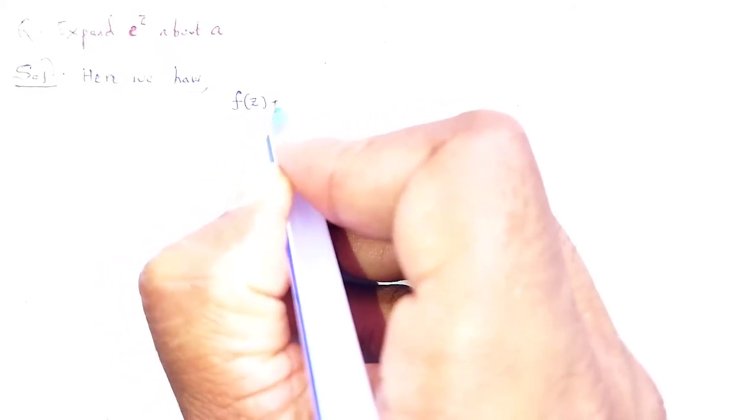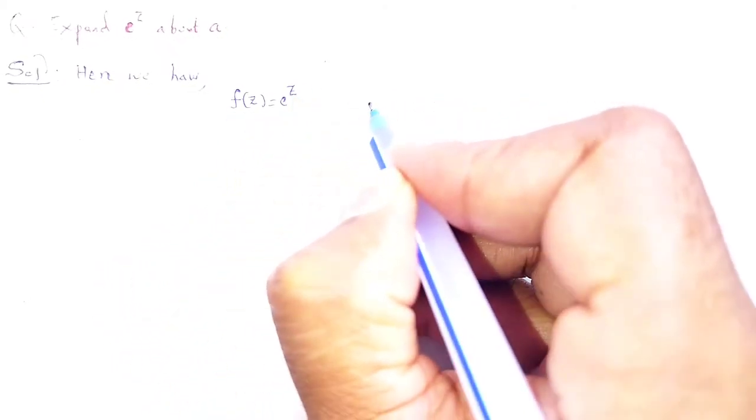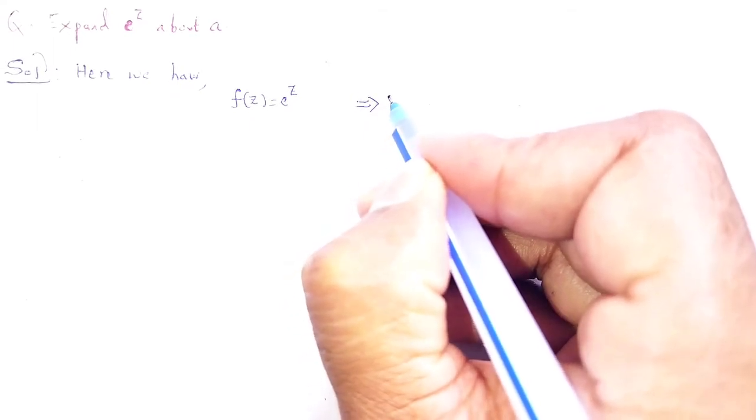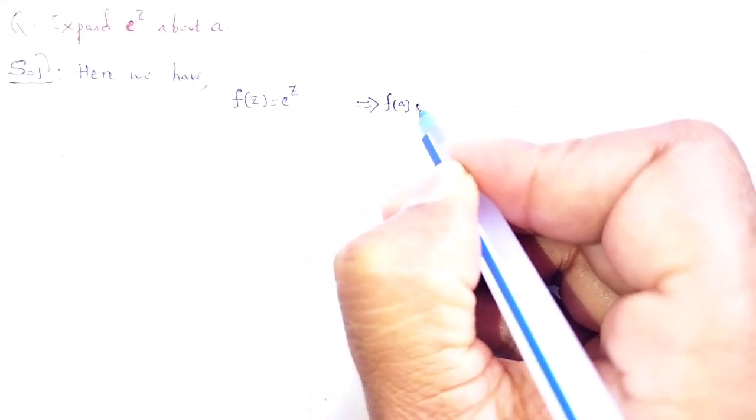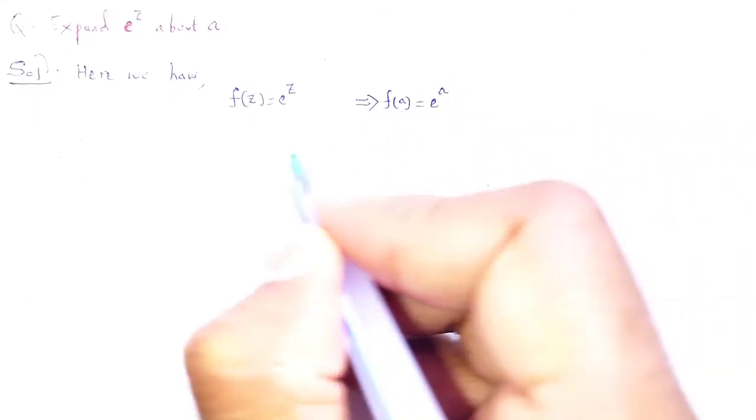expand e to the power z about a. Solution. Here we have f of z is equal to e to the power z. Therefore, f of a is e to the power a.